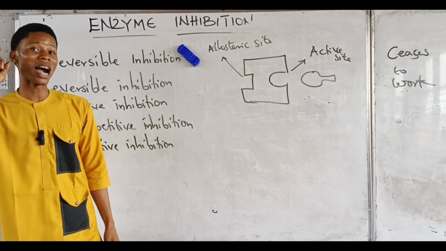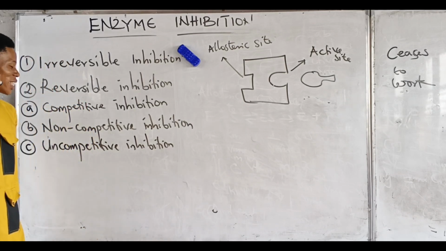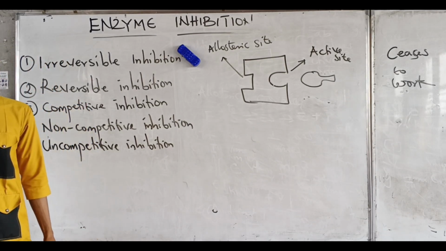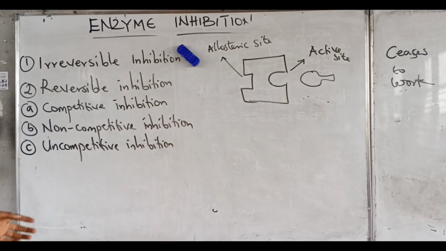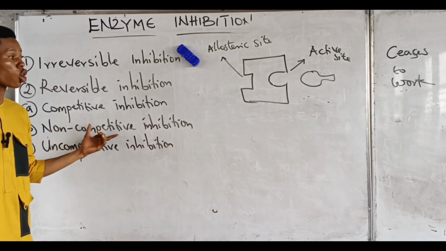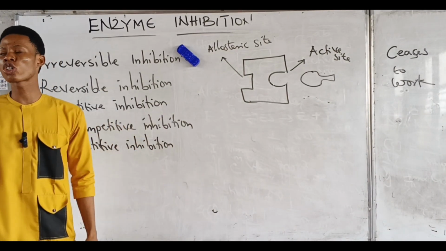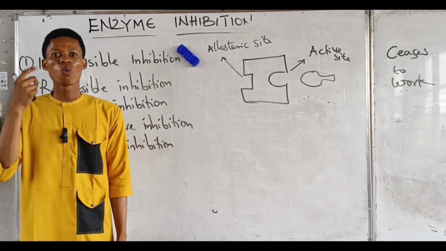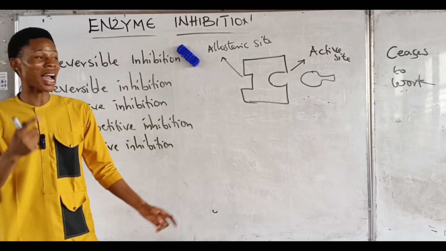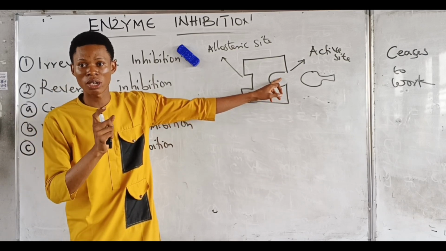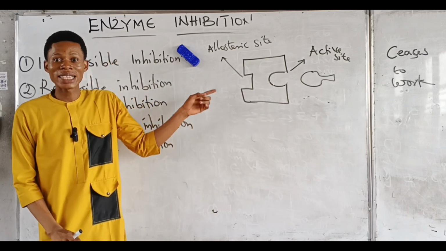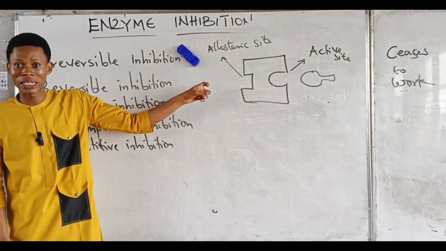Now remember that there is another binding site called the allosteric site. So the non-competitive inhibitor will think and say, since I cannot bind to the active site because I don't have the same shape as the substrate, there is another site I can bind.